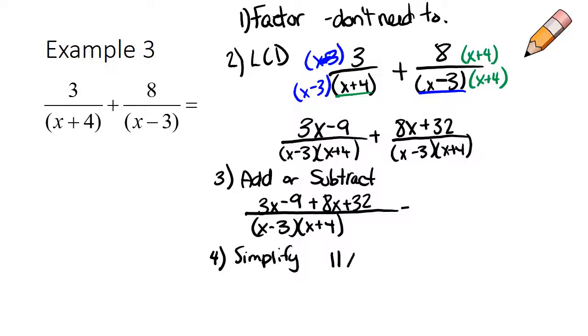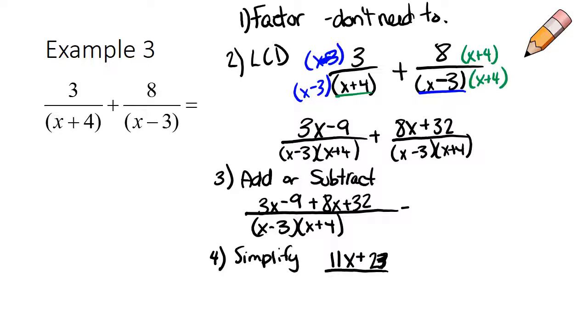So I end up with 11x. And I have negative 9 plus 32, which ends up giving me 23. Okay, be very careful with those negatives and when you're subtracting. Those are the quick little errors that can lose us a point or two.